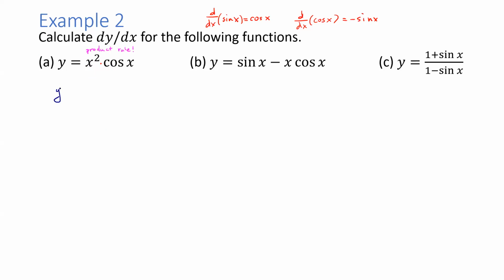So we'll take y prime equals, here I'll write out the product rule. We're going to take the derivative of x squared and then multiply it by cosine x without taking a derivative, plus x squared times the derivative of cosine x. So doing the product rule, this will be the derivative of x squared, which is 2x, times cosine x, plus x squared times the derivative of cosine, which we said up here was negative sine.